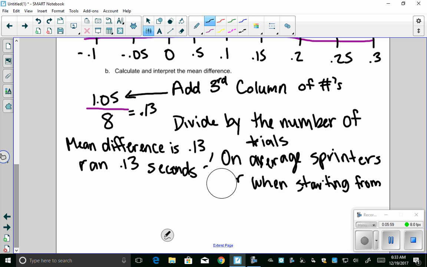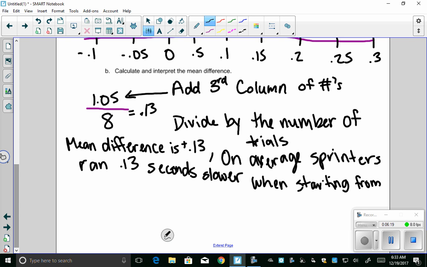And here's why. When we're dealing with time, a faster time means you have a smaller number, okay? So because this is a positive 0.13, that means they were actually running slower.